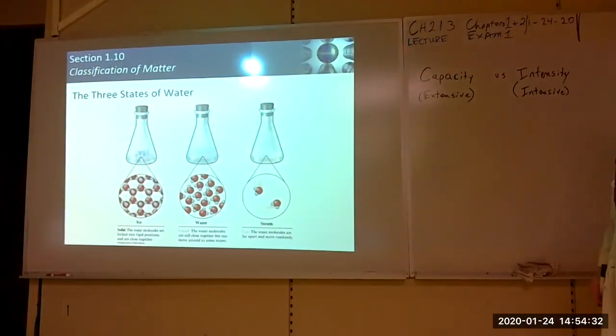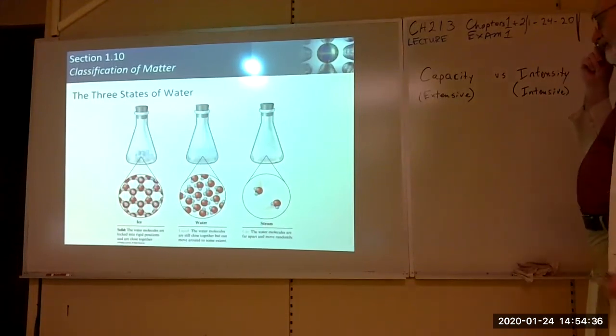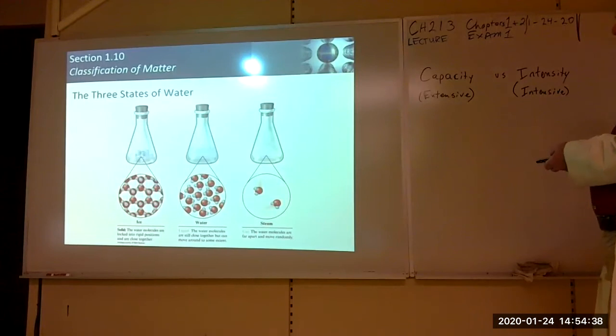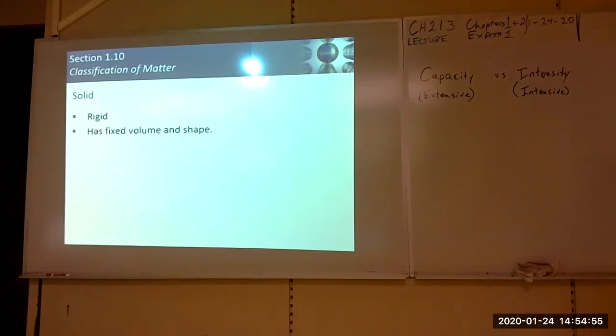But there's not enough energy to separate them completely apart. That only happens with gas. So you add enough energy to break all possible connections of any kind between these molecules, and you get your gas. Lots of space between the individual molecules.